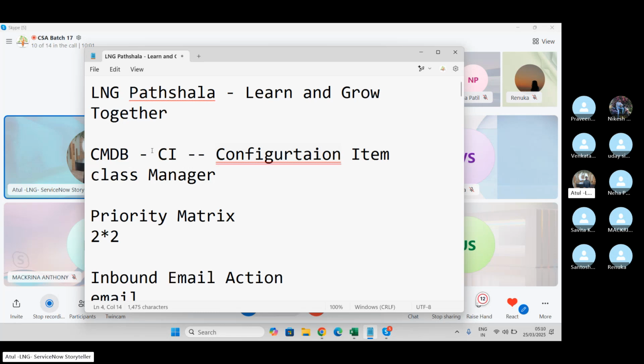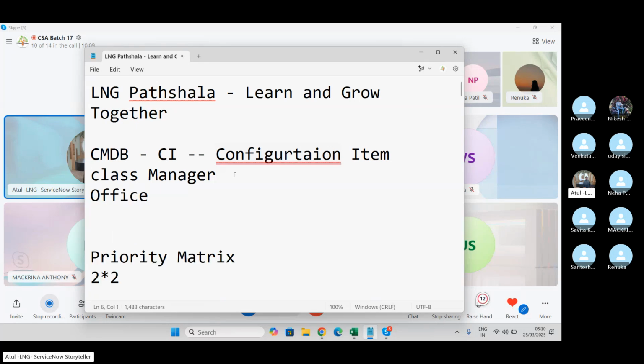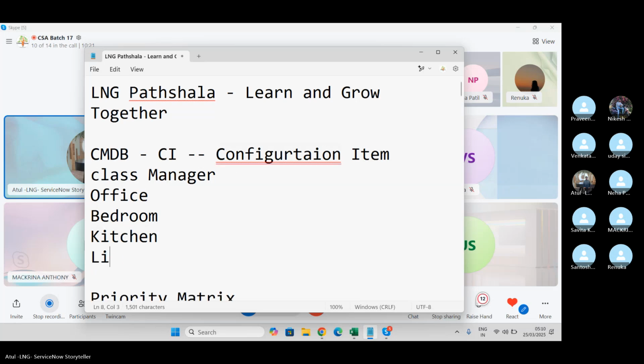Now in a class, let's say we have office furniture, bedroom furniture, kitchen furniture, living room furniture.